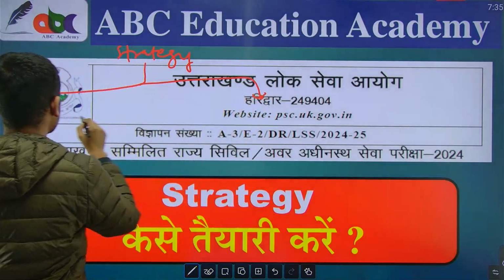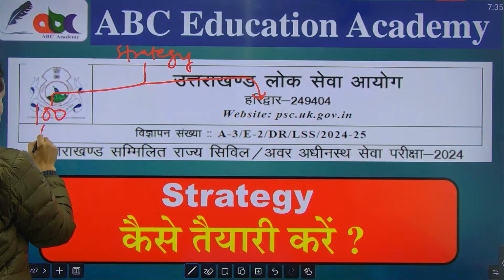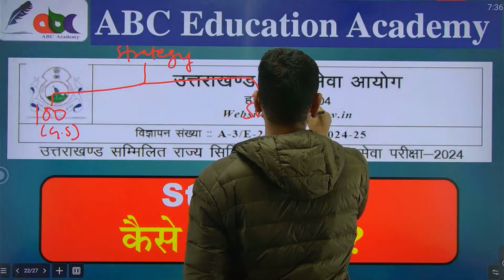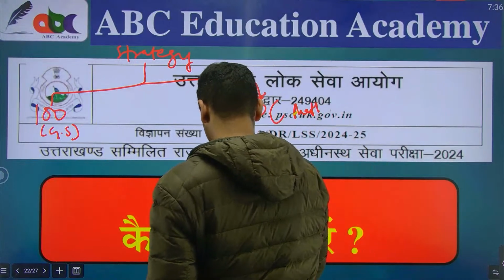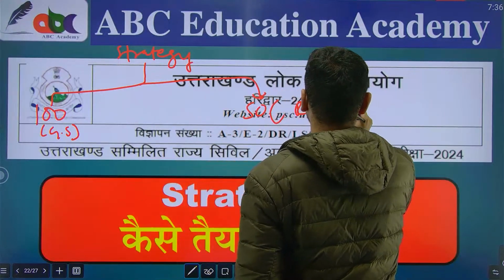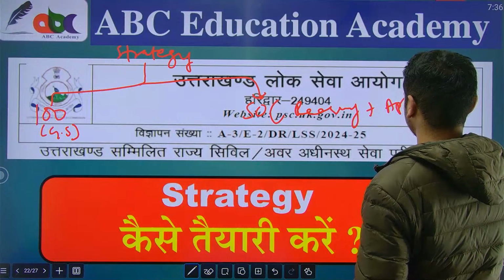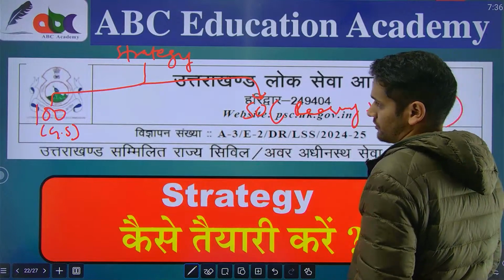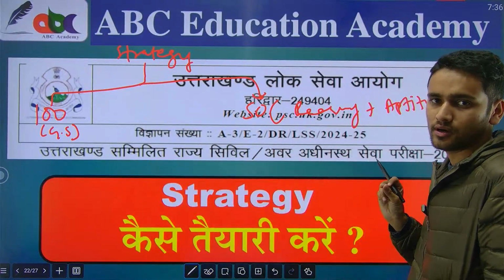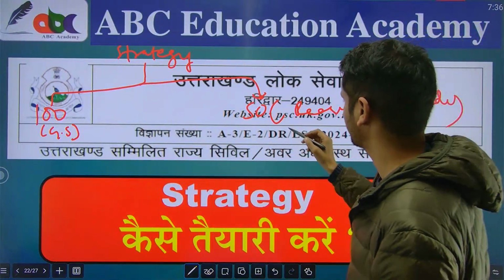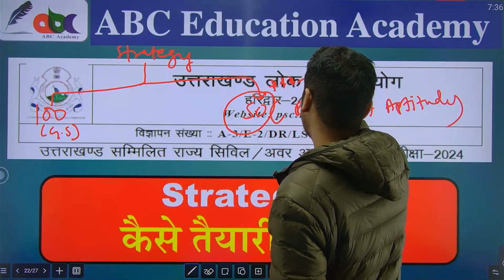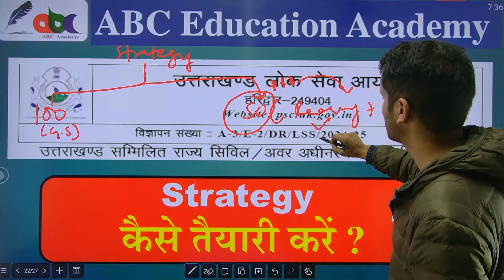I will divide the prelims exam into 100 questions that are assigned to GS and 50 questions that are assigned to reasoning plus aptitude. Friends, if you want to crack this prelims exam with flying colors, you have to give importance to this section, reasoning and aptitude.